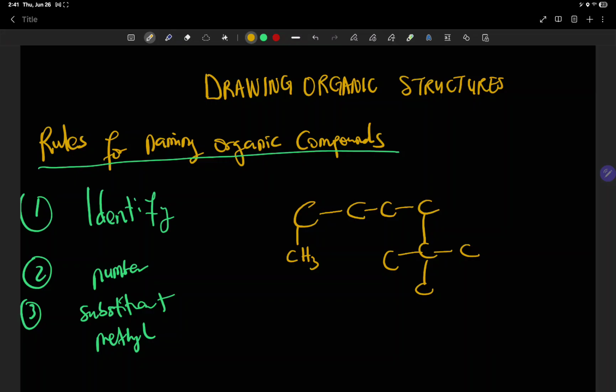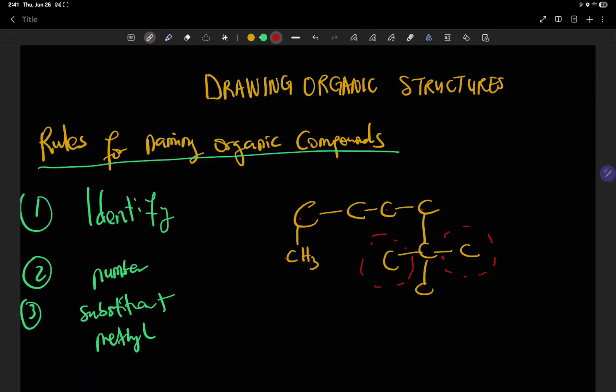So in a structure like this, what is the longest carbon chain? For some people, the longest carbon chain is obviously this way, but we don't really know. Let us confirm. So we'll start from here. 1, 2, 3, 4, 5, 6, 7. When you move this way, it's obviously 7, and that means this place is an attachment and this other place is an attachment.